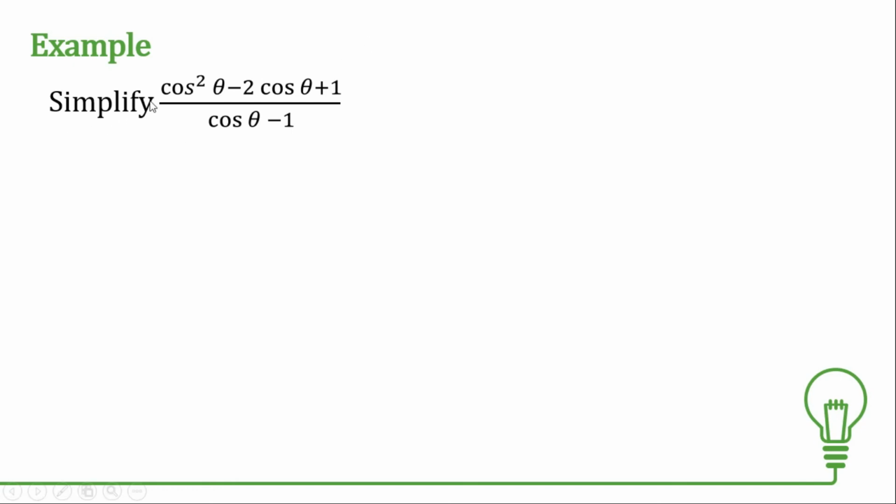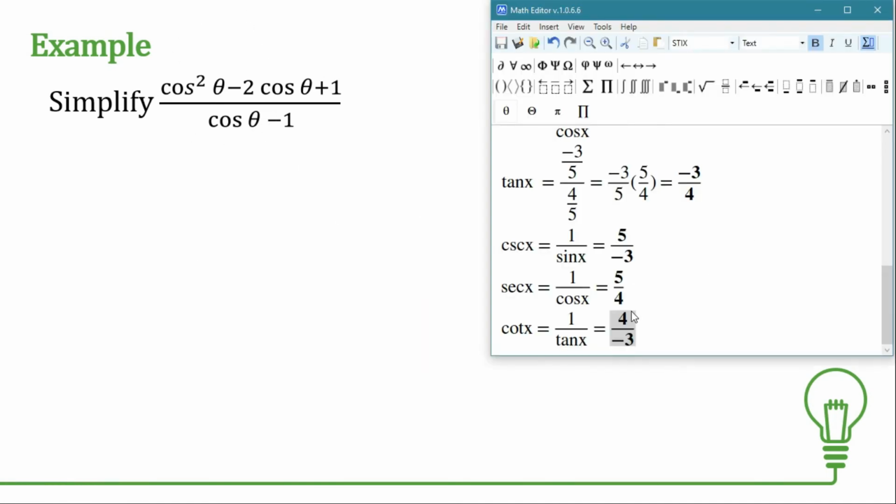We are going to simplify. Simplification na po tayo. We are to simplify cosine squared theta minus 2 cosine theta plus 1 over cosine theta minus 1. Alright, so wala naman pong sinabi na condition. So, we just simply simplify it. Okay?